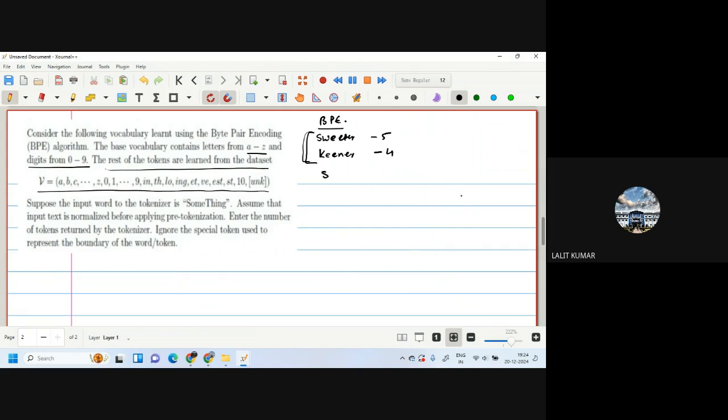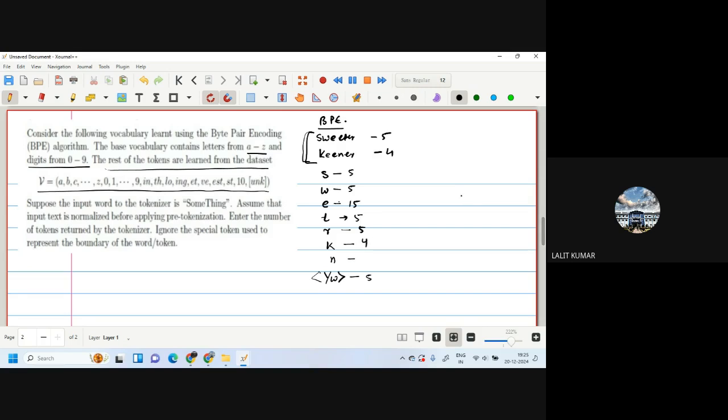We write all the unique characters: S, W, E, T, R, K, N. How many times has S come? 5, and the end-of-word token W. So sorry, this is the word stop. So S is 5, W is 5, E is 5 into 3, 15, T is 5, R is 5, end-of-word W is 5, K is 4 times.